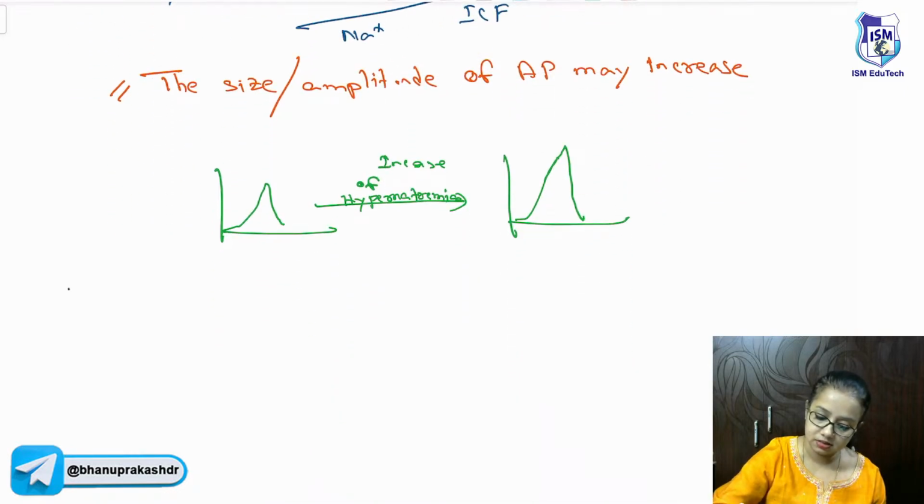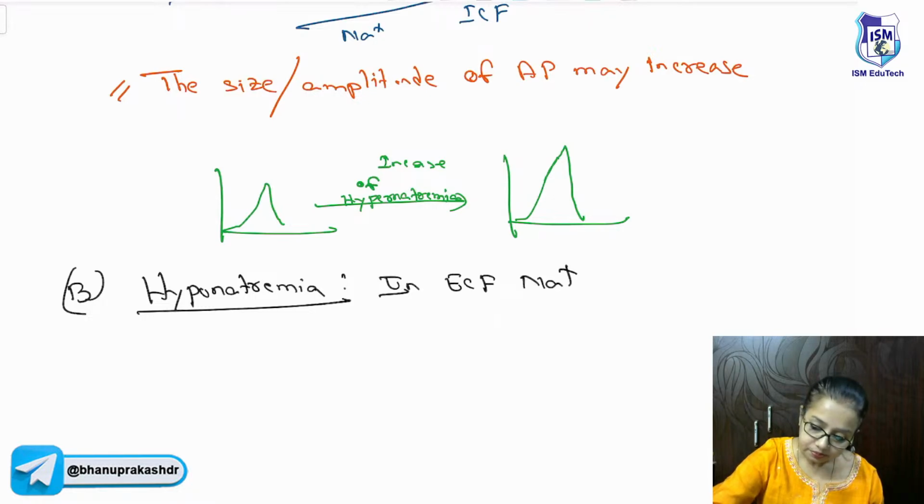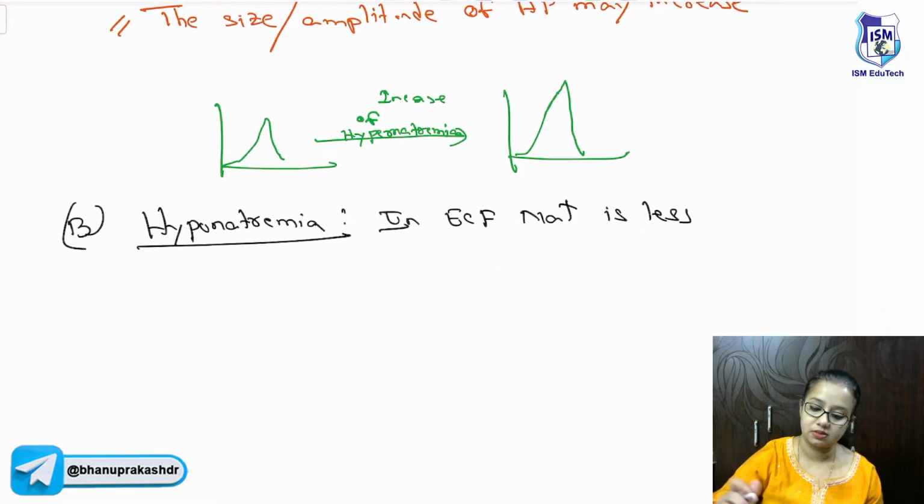This is the first case. The second case, just the opposite, is hyponatremia, which means in the ECF the sodium concentration is less. So what will happen? Just the opposite.